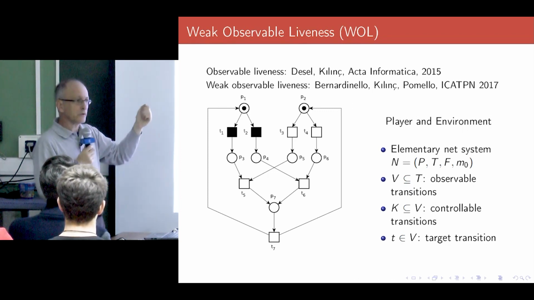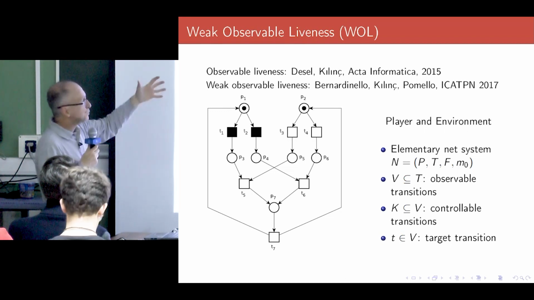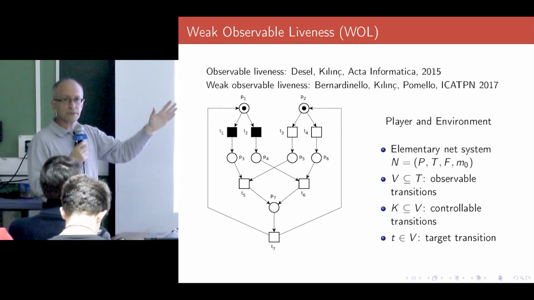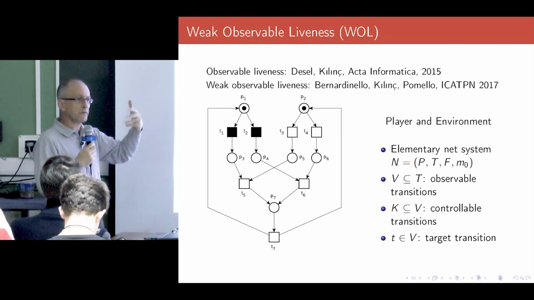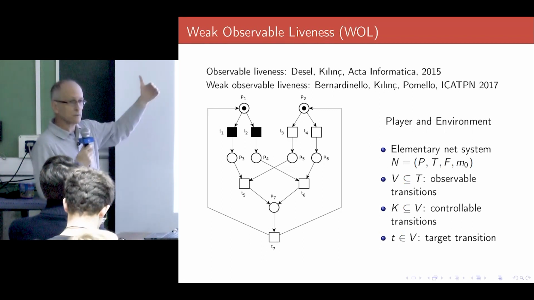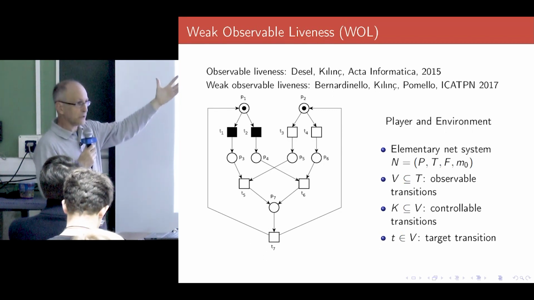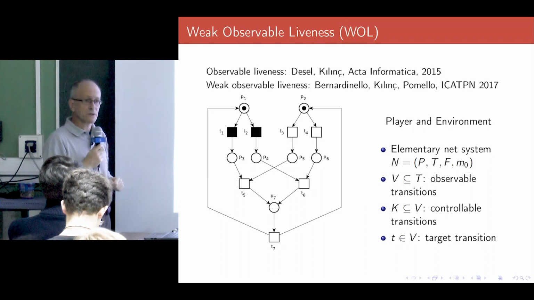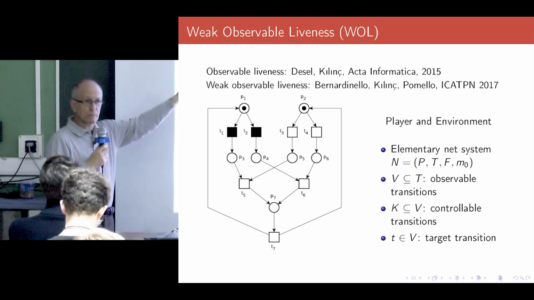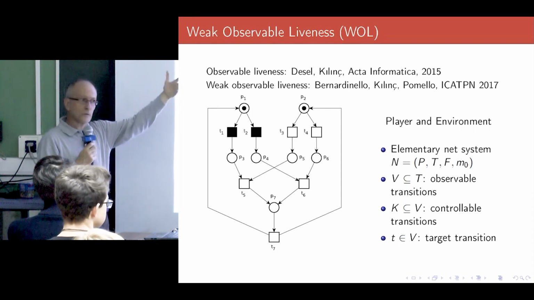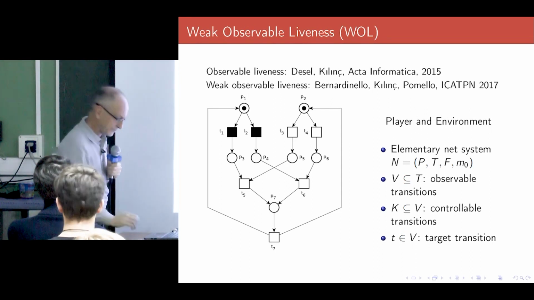If the player can observe T3 and T4, then, intuitively, at the beginning he must just wait until either T3 or T4 will fire. And since we assume that the environment cannot block the system, sooner or later the environment will be obliged to choose either T3 or T4, and at that point the strategy of the player can choose the right transition. And from then on, the behavior of the system is deterministic until we go back to the initial state, and there the player again will apply his strategy.